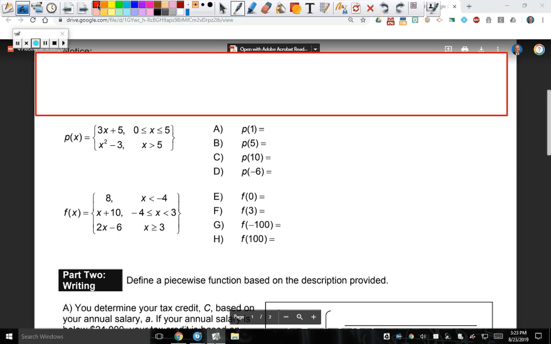What I'm going to do right now is I'm going to draw this interval right here. Here we go. So from 0 to 5, it includes 0, it includes 5, and it's everything in the middle. You with me? This is the domain between 0 and 5.